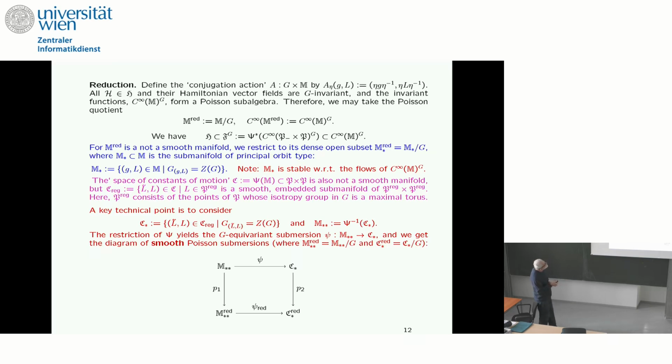You can view functions on the reduced phase space as these invariant functions, and then you pull back only the invariant functions from this P times P. P minus means that the first copy is active with minus that Poisson bracket which Cornelia asked about. So there's a Poisson bracket on P, and minus 1 times it is also a Poisson bracket. The two copies Poisson commute, and then this psi is actually a Poisson map with respect to that bracket. So the invariant elements of this F come from invariant functions on P times P. Okay, so they give functions on the reduced phase space.